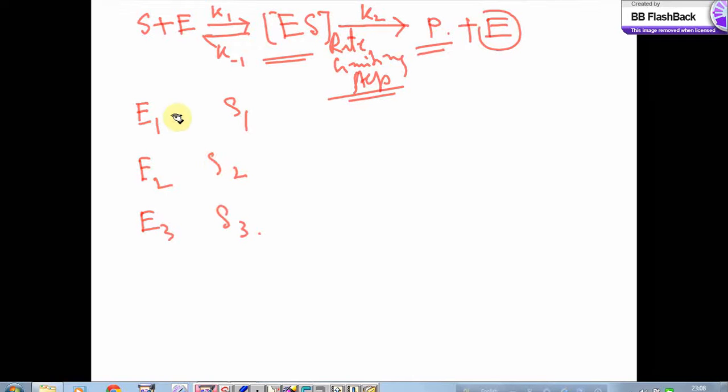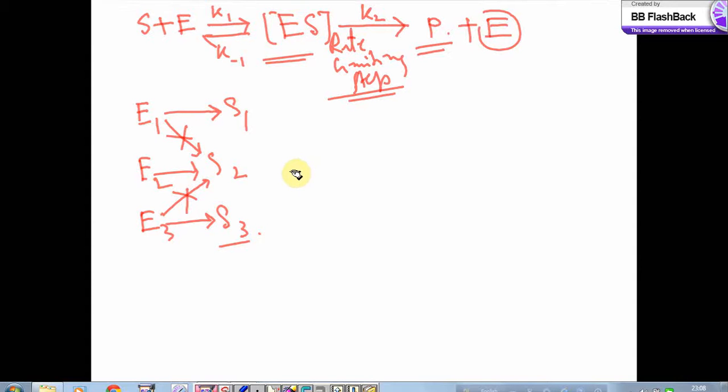It is for sure that E1 will only react with S1, E2 will only react with S2, E3 will only react with S3. There is no chance that E3 will react with S2 or E1 will react with S2. So for each enzyme, the substrate is very much specific.